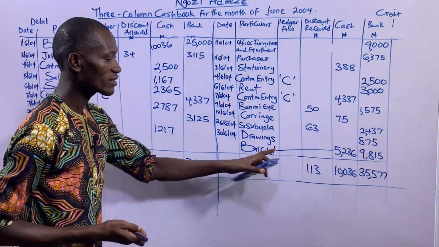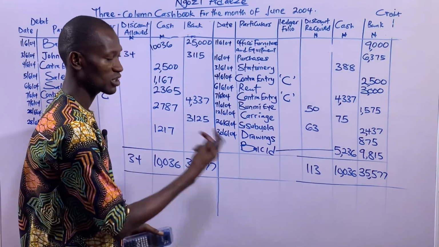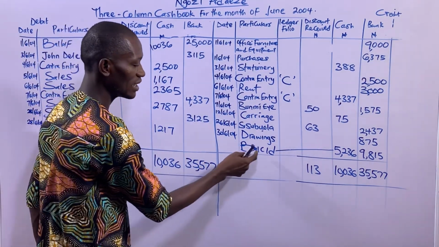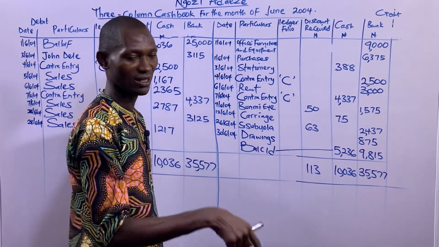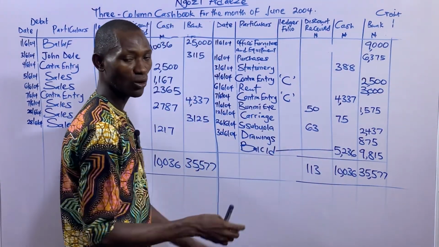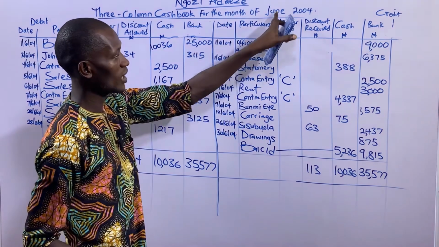Then for every balance carried down, don't forget, there must be a balance brought forward. This balance carried down is the closing cash balance and bank balance for June. June is what we are preparing for.